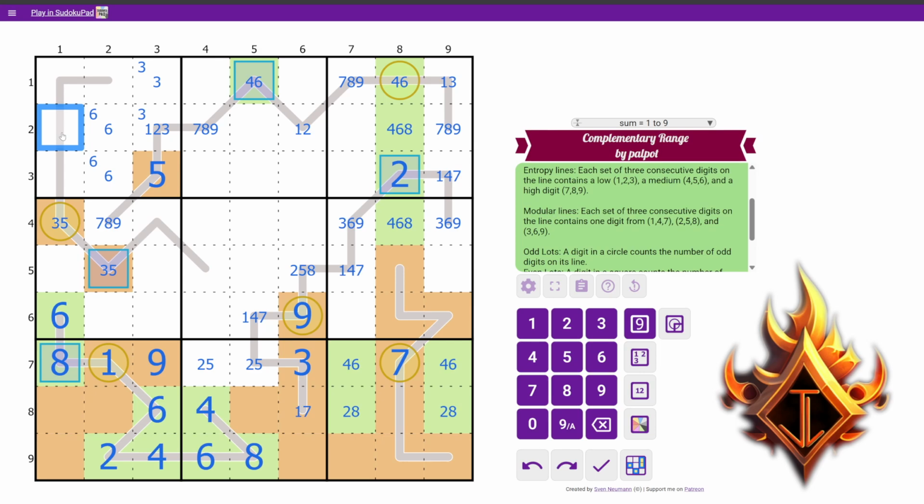So then it would have to be entropy. No, it could be a 2 as well. So it could be either. If this was 3, that could be a 9 or 1 or 2.